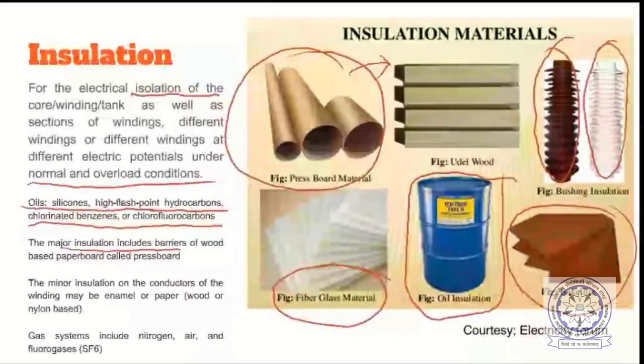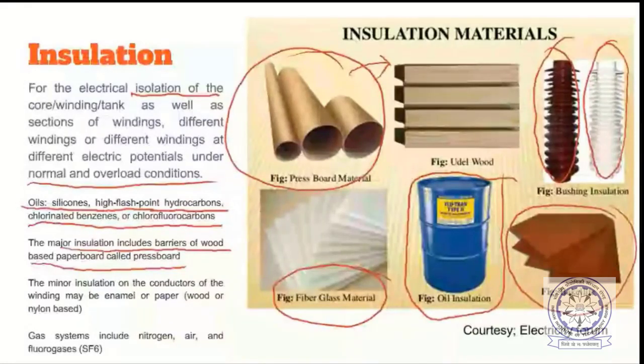And the major insulation includes barriers of wood based paper board called pressboard. This is called major insulation, which actually separates two windings or winding to core. The major insulation is winding to core or between two windings.